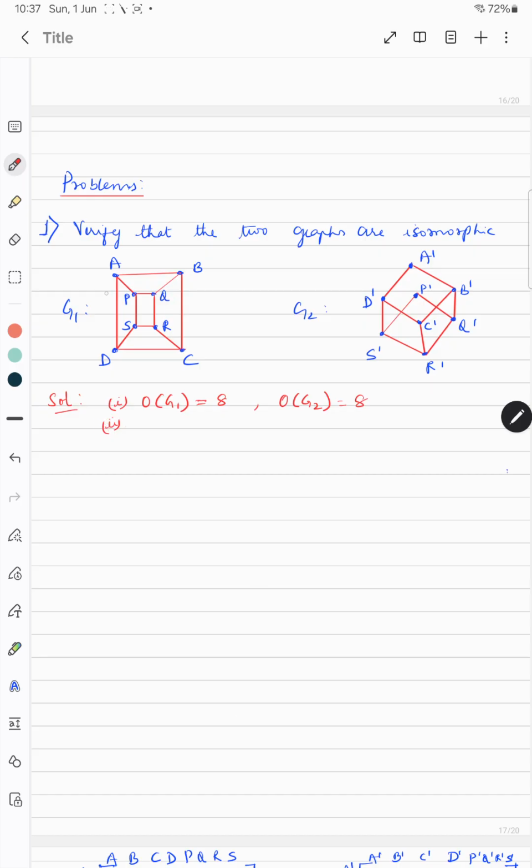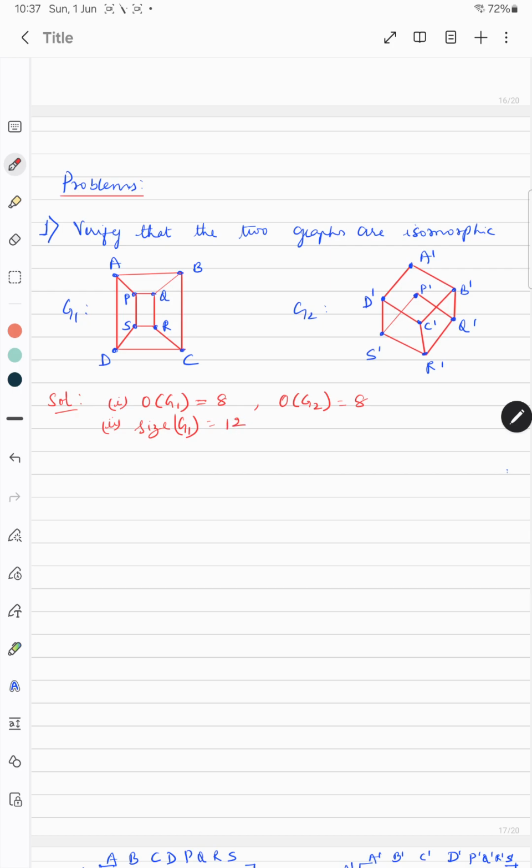How many edges are there in graph G1? 1, 2, 3, 4, 5, 6, 7, 8, 9, 10, 11, 12. So the size of G1 is equal to 12.